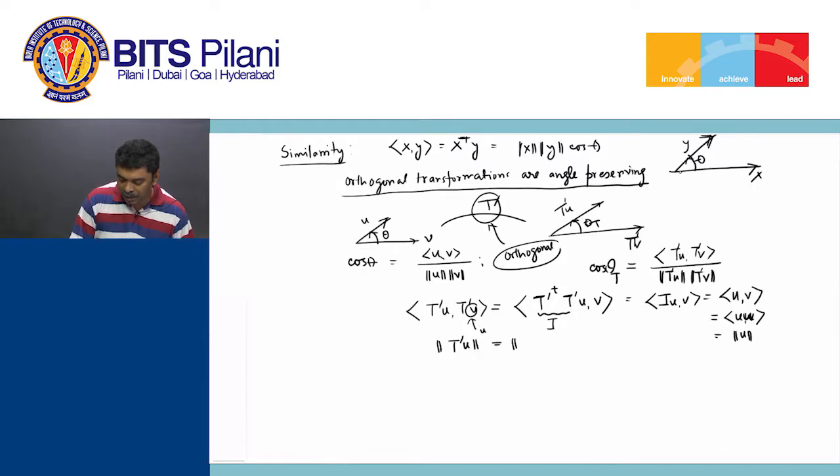So therefore I establish two things. One is that the magnitude of u is equal to the magnitude of its transformation, as well as the angle between the two are the same. This is very important information that we use, and therefore we establish the fact that orthogonal transformations are angle preserving. Okay, good.